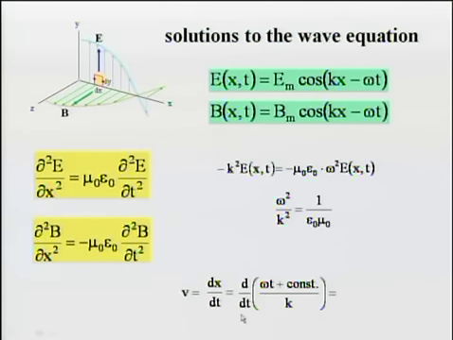Well, let's calculate derivative of this function now. And derivative, well, k is a constant, I can take it in front. Derivative of omega t is omega, derivative of constant is 0, so I get that x component of velocity at which wave travels along x direction is equal to the angular frequency divided by the magnitude of the propagation vector.